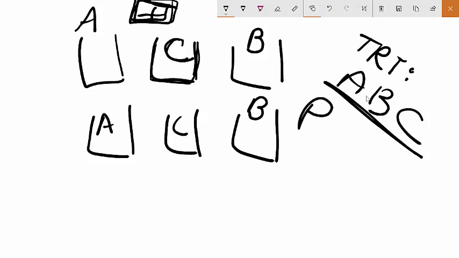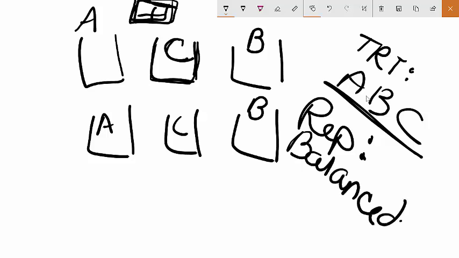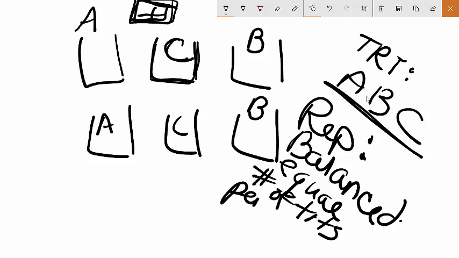The replication here, and we'll see this on the next slide, but replication, if it's a balanced design. So balanced means that there's an equal number of treatments per EU. So here it's balanced, right? Because I have treatment A seen on 2 EUs, treatment B is seen on 2 EUs, and treatment C is seen on 2 EUs, right?